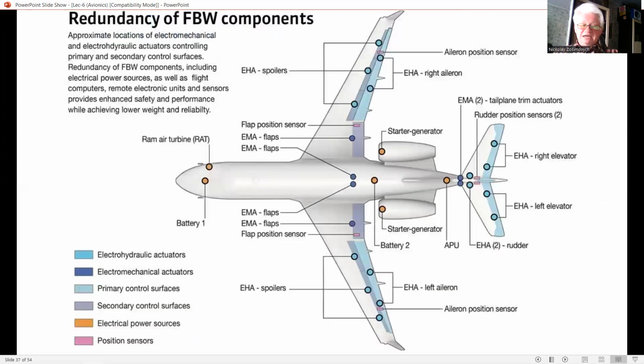With 4 totally independent channels, the assumption is made that the probability of 3 or 4 channels failing at the same instant in time is negligible. And this assumption will be discussed a bit later.